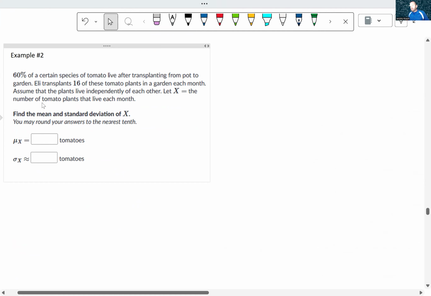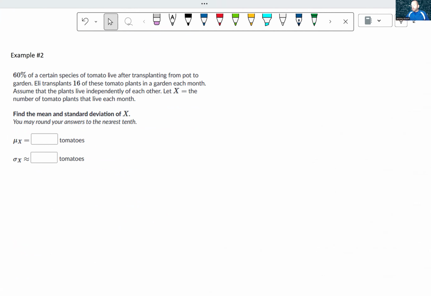Let X equal the number of tomato plants that live each month. Find the mean and standard deviation of X. Okay, so we're going to again define n and p. n equals 16. p, the probability, is 0.60.